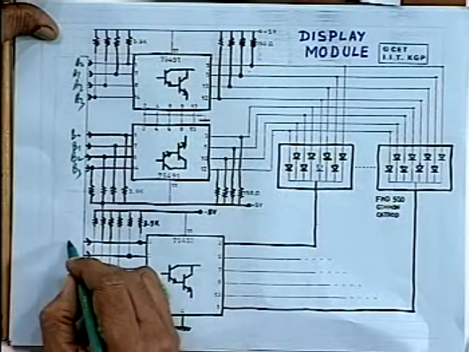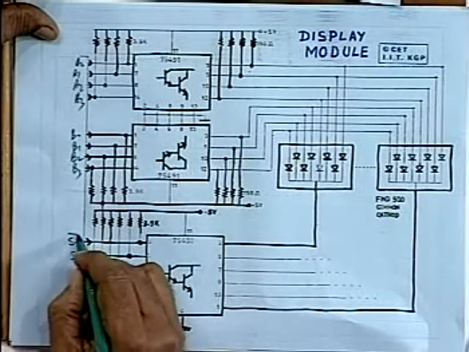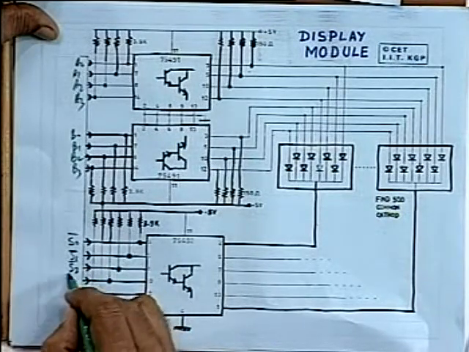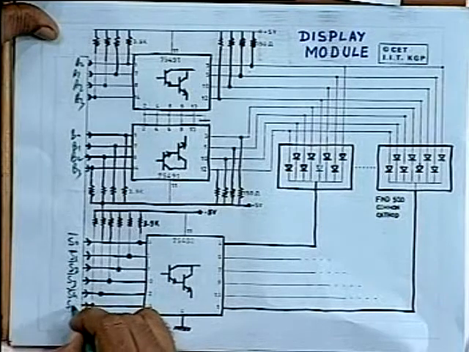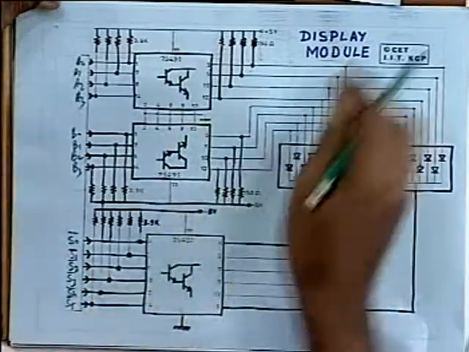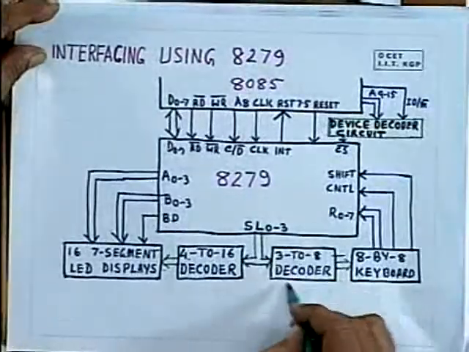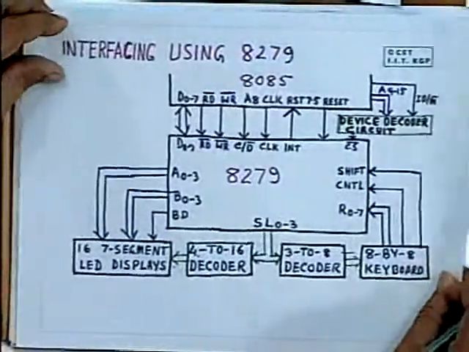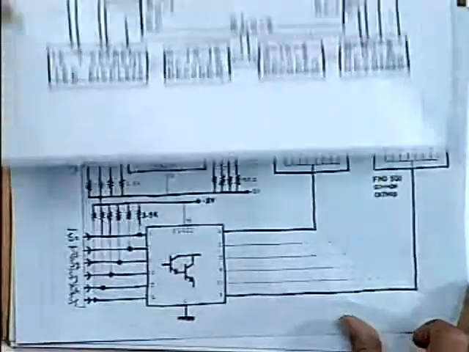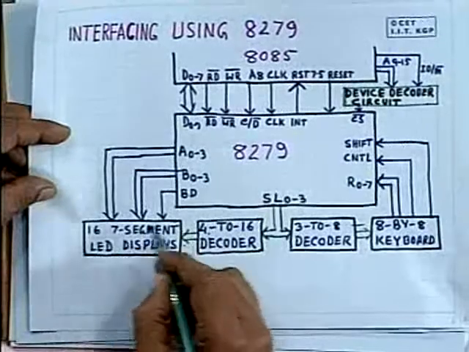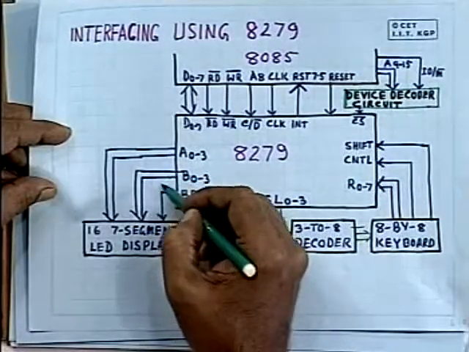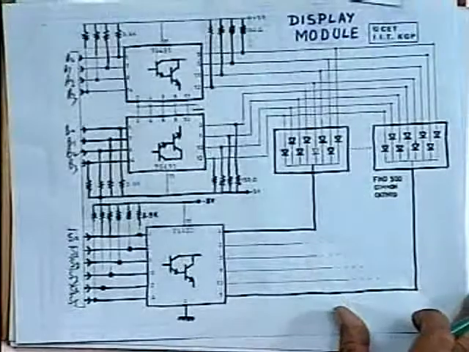That means here it will be S0, S1 low active, S2, S3, S4 and S5. You have got 6 digits, so 6 outputs are sufficient, and that's why a 3 to 8 decoder is necessary. Similarly, on the keyboard side you will require 5 lines coming out from this decoder, and the display lines will come to the segment drivers.